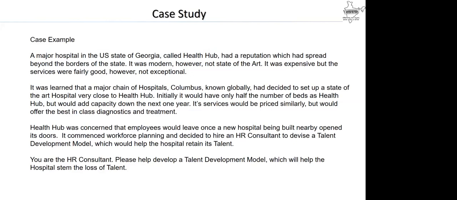While the people who are the next level are not so fleet-footed. They are not so eager to move out, because they are not as confident as the top talents are.